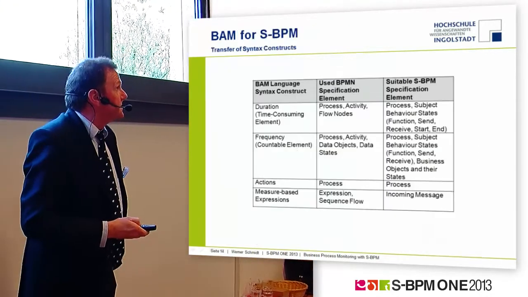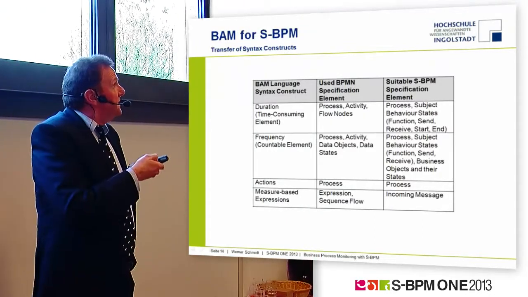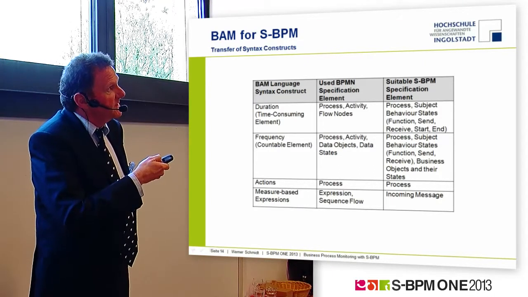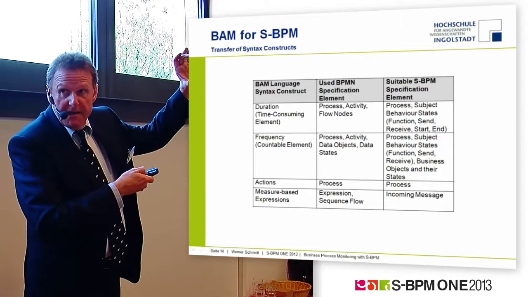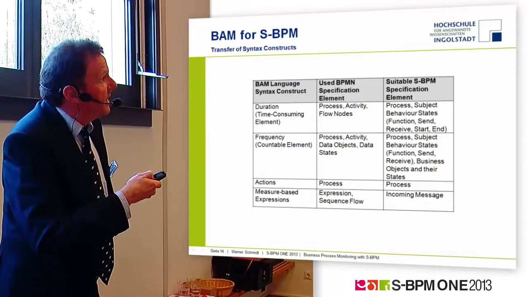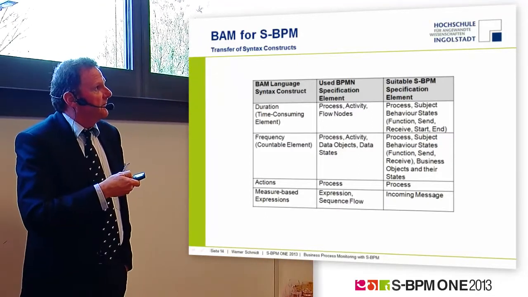Now, the idea was to transfer this to S-BPM, and this table gives the language constructs on the left. They use BPMN specification elements, the gray rectangles you've seen before, and on the right-hand side, the S-BPM specification elements like process, subject, behavior states, and so on.